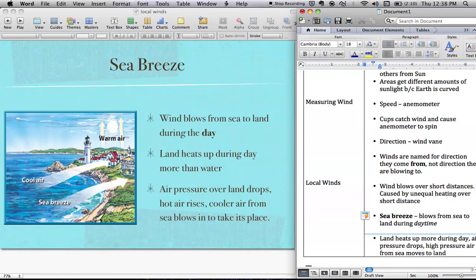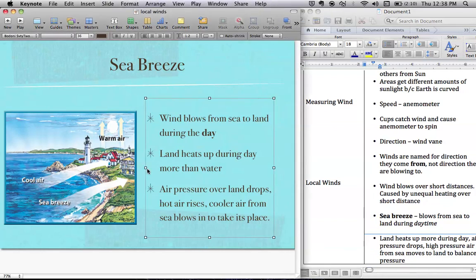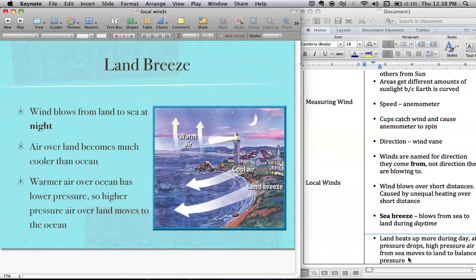Because we want to balance out the pressure. The sea is cooler, water doesn't heat as quickly, so this is higher pressure air, this is lower pressure air, so the higher pressure air is going to move over, and we get a breeze from the ocean. So if you've ever been to the ocean during the daytime, winds tend to blow from the sea to the land. And at night, we get the opposite.